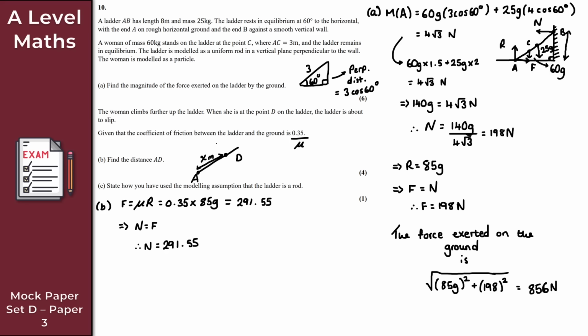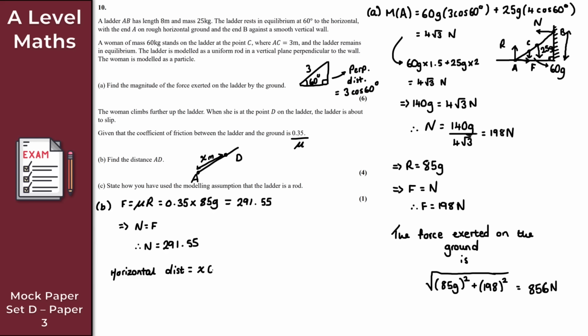Okay. So if AD is equal to X here, then the horizontal distance will be equal to X cos of 60 degrees, right?